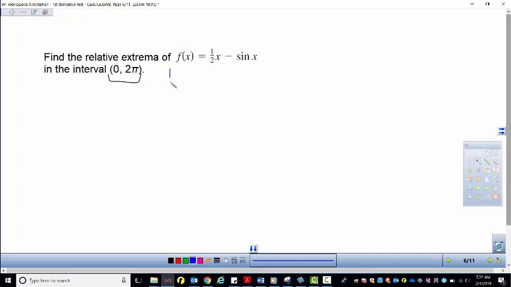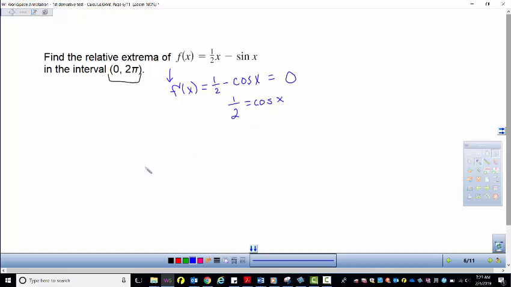And then we want to take the derivative. So the derivative of 1/2 x is 1/2 minus the derivative of sine, which is cosine. And you set that equal to 0. So I get 1/2 is equal to the cosine of x.